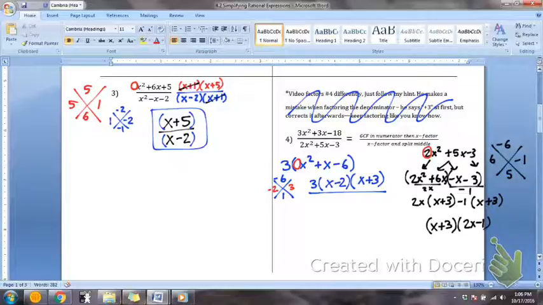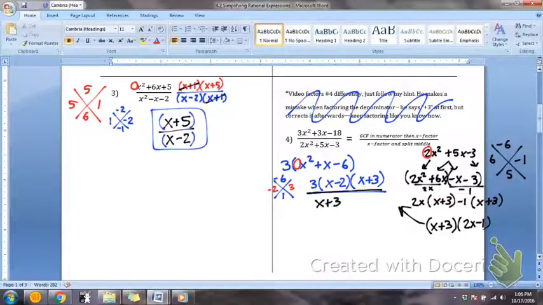So I have x plus 3 and 2x minus 1. Is anyone else working towards that? Good. Questions on that before we move forward? So that becomes my denominator. Underneath this 3 times x minus 2 and x plus 3, I'm going to put what I factored the denominator to be.